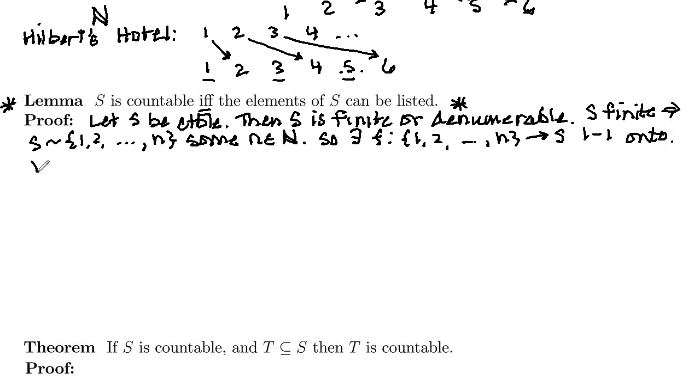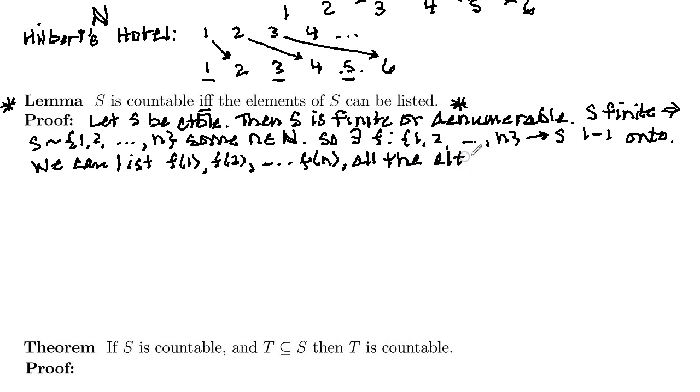So then we can list out the function values: f of 1, f of 2, all the way out to f of n. And in fact, these are going to be all the elements of that set S, because it's a one-to-one onto function.